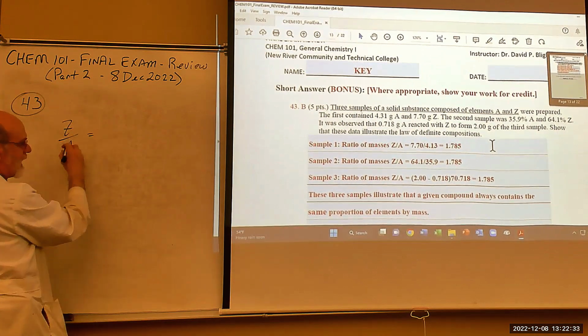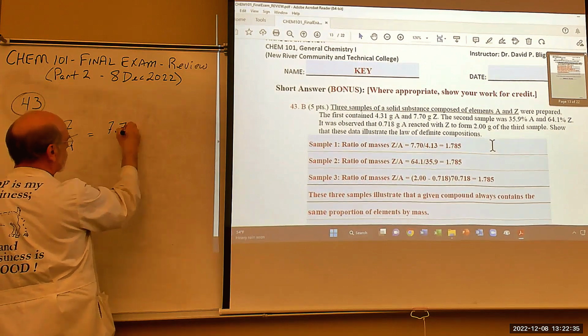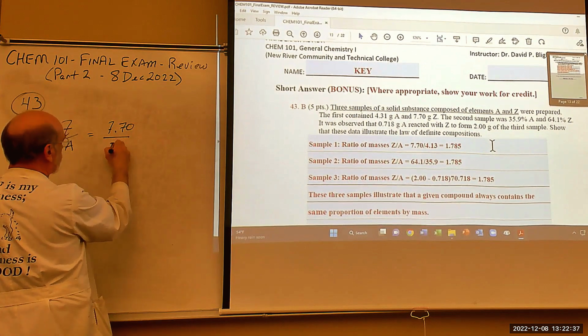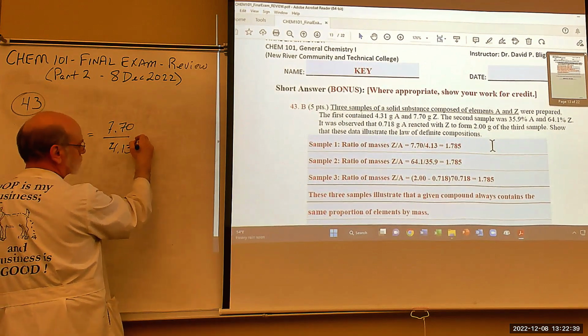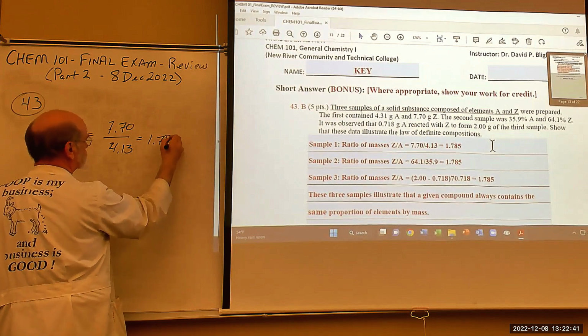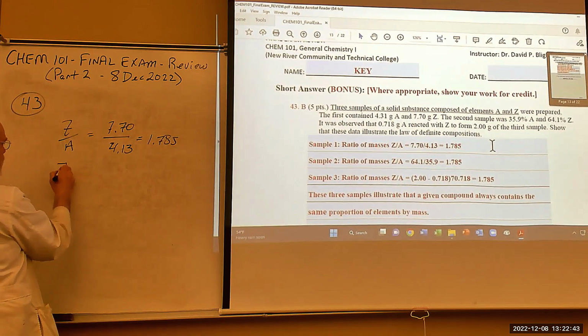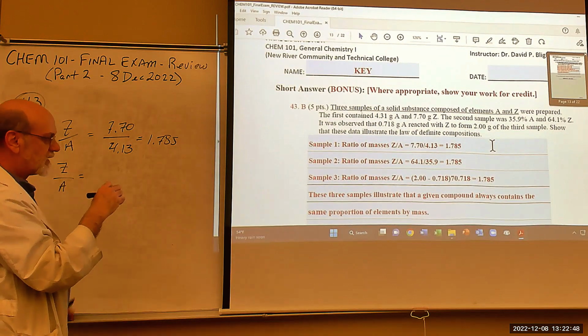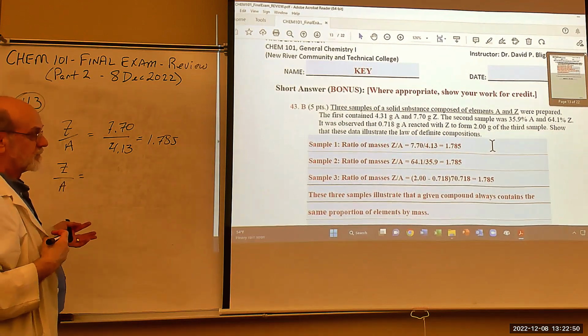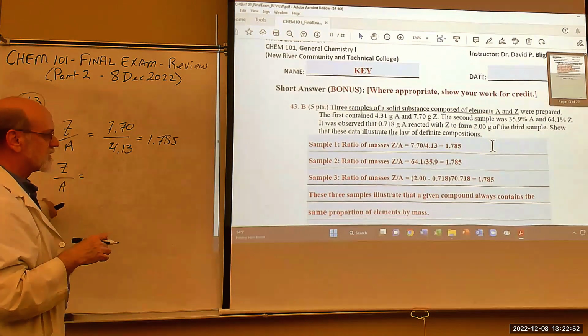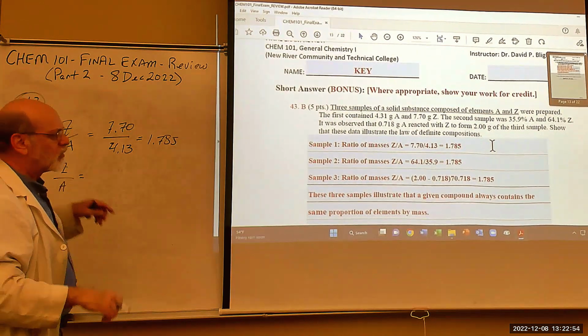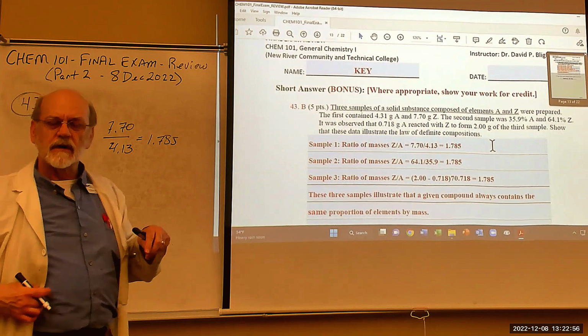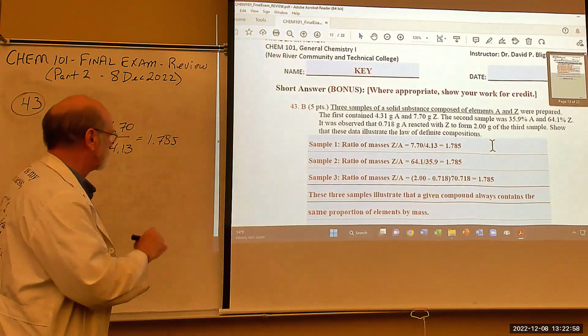Well, the Z to A mass ratio is 7.70 to 4.31, which is 1.785. The second compound has Z and A in it, and its ratio is by percent. So why would we use 64.1 divided by 35.9?